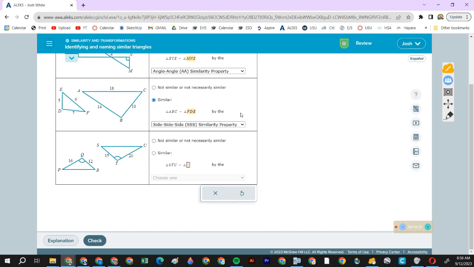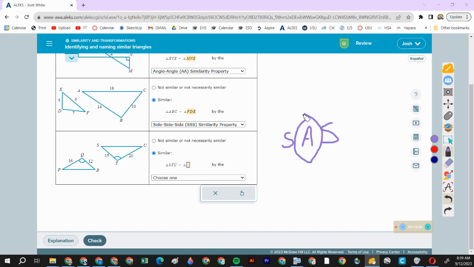All right, the last one is called side angle side similarity. So side angle side. So you have to check two things. First, is the angle between the two sides? So it's side angle side, which means the angle is sandwiched between the two sides.